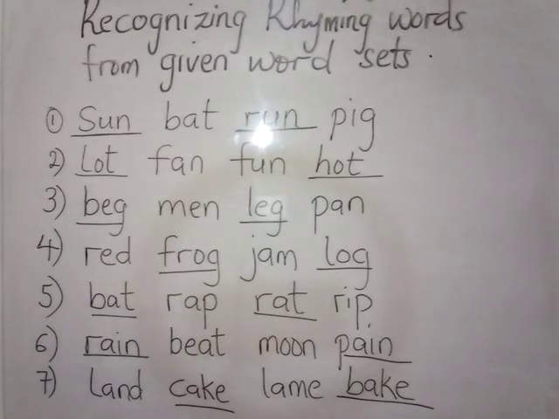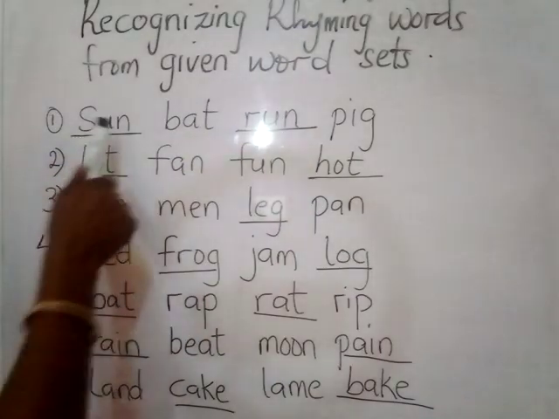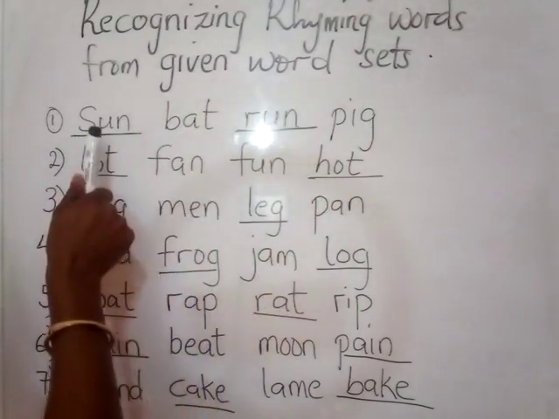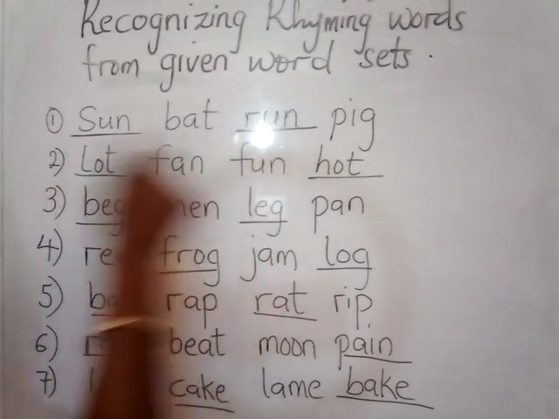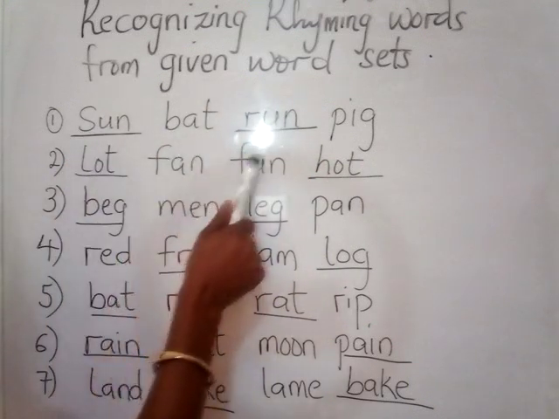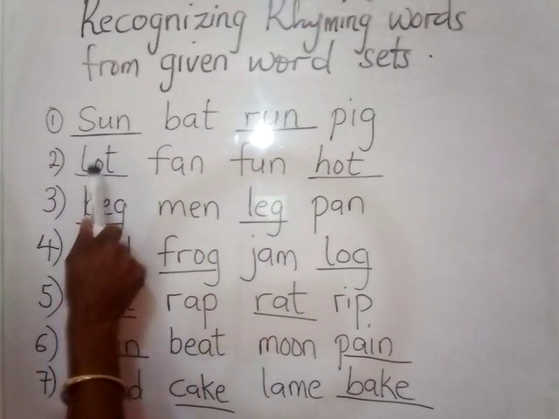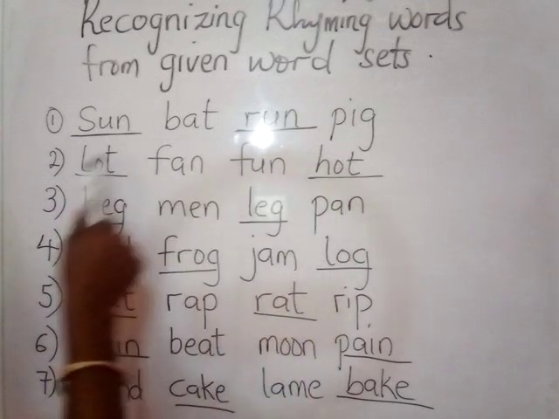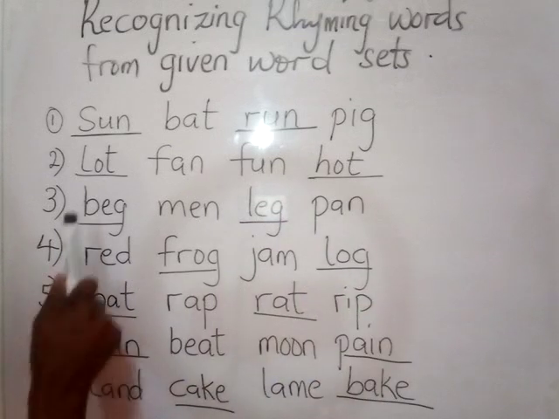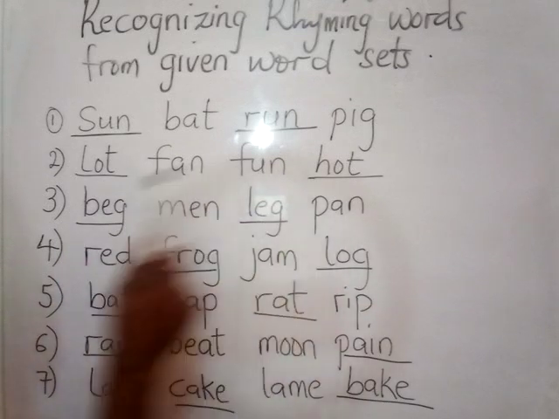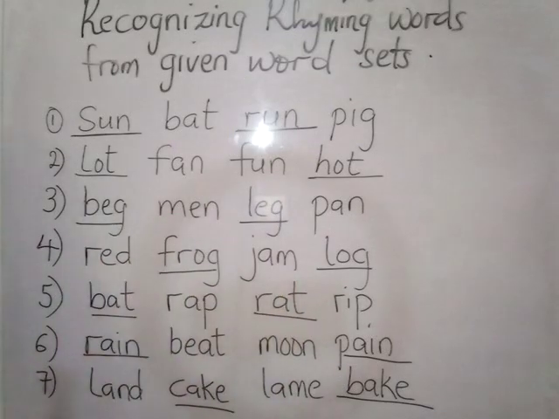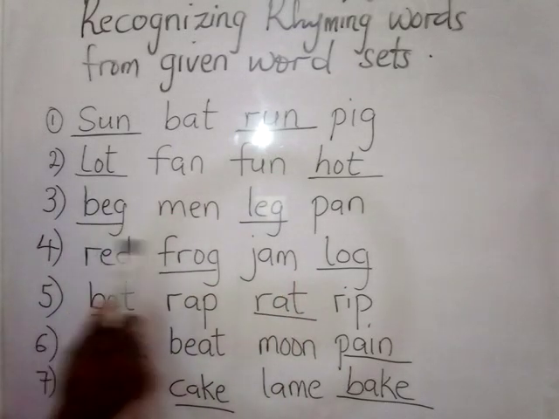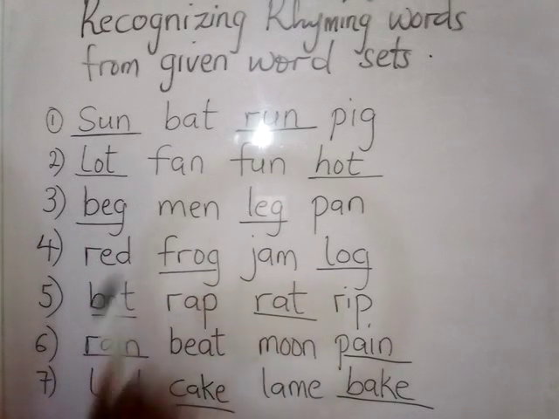Cake and bake. Okay, so let's quickly run through what we learned. Sun, bat, run, pig. Among these words, sun and run rhyme. Lot, fan, fun, hot. We find that lot and hot rhyme because they sound alike at the end. Beg, man, leg, pan. Beg and leg rhyme because they sound alike at the end. Red, frog, jam, log.